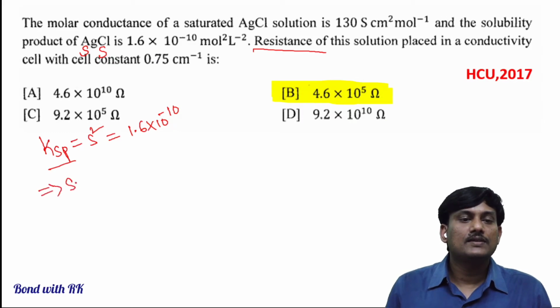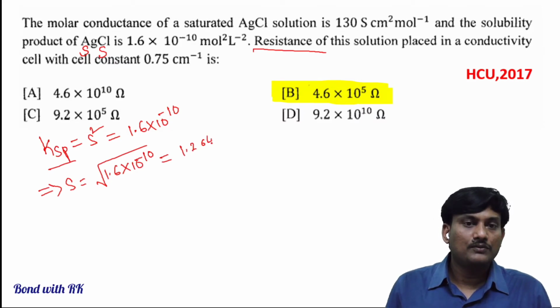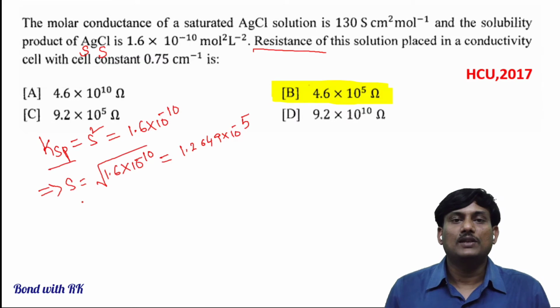From this, S is equal to root over 1.6 into 10 to the power minus 10. This value is around 1.2649 into 10 to the power minus 5. Okay, this is the S value.